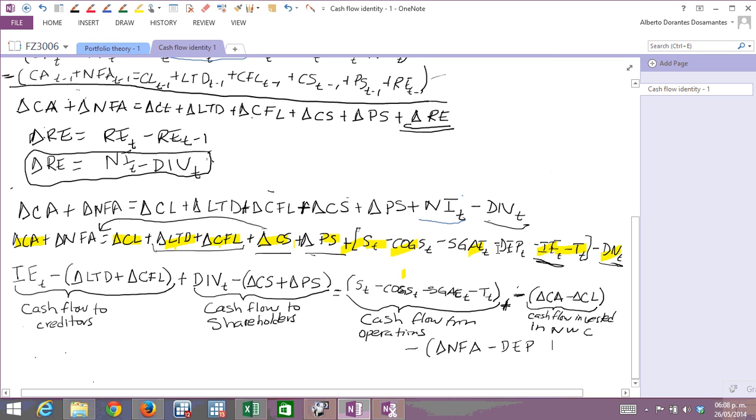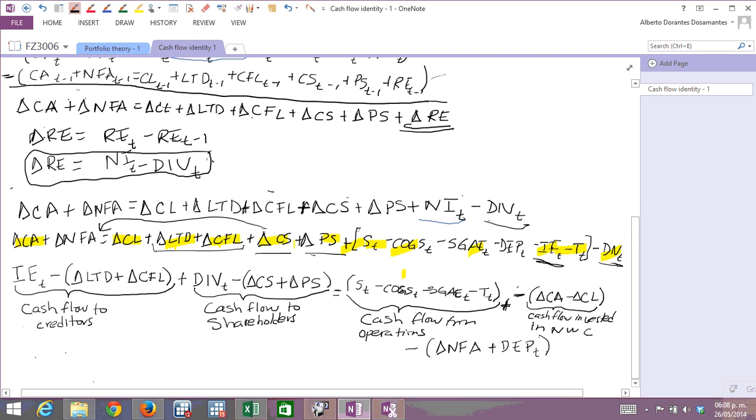Okay, since this is negative, then minus times minus is plus. Then no, I'm wrong. It has to be a plus. Right, gotta be a plus here. Okay, then the depreciation term becomes negative as it is here.